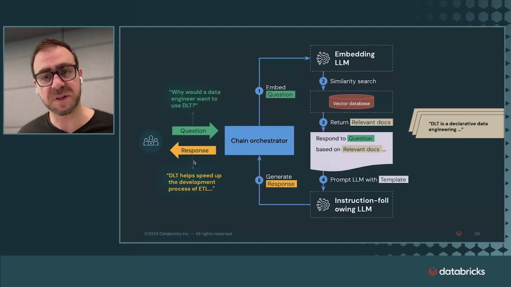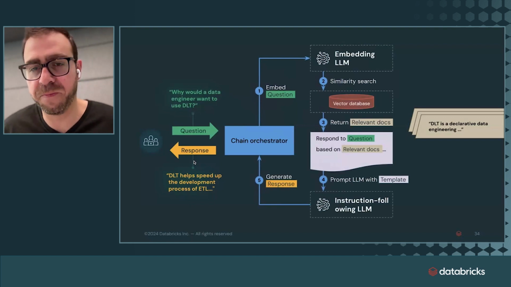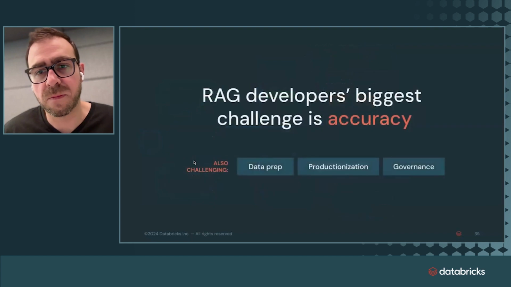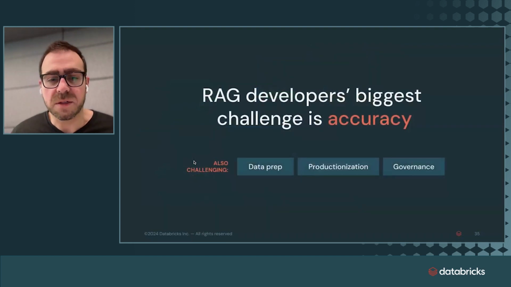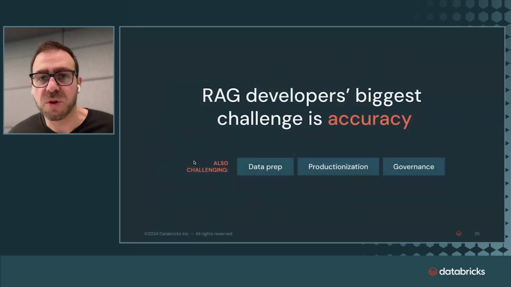Now, this is the simplest example, and most production RAG applications are more complicated than this, but hopefully this helps you understand the high level of the pattern. Now, in talking to the thousands of customers that are doing RAG on our platform today, what we've heard is that their biggest challenge is accuracy.